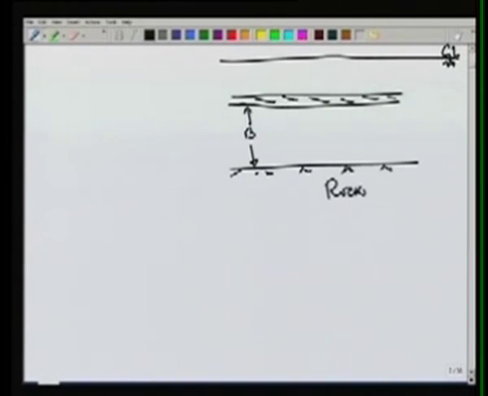Now when we install a well, we will assume that the well is screened throughout the aquifer thickness.